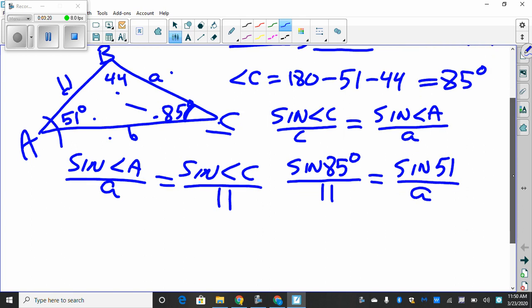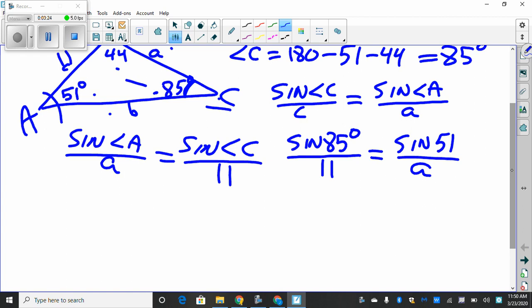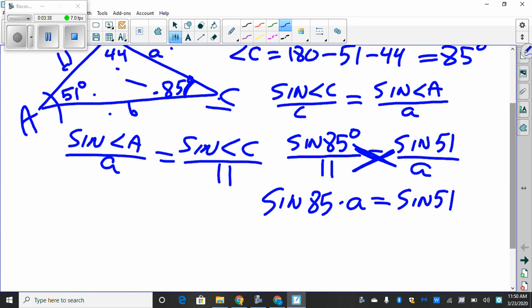So now it's simply a proportion problem. I just do sine of 85 times a, just like we did on those SOHCAHTOA ones. Sine of 85 times a equals the other cross multiplication, sine of 51 times 11. So all I really have to do is take sine of 51 times 11 and divide out that sine of 85.